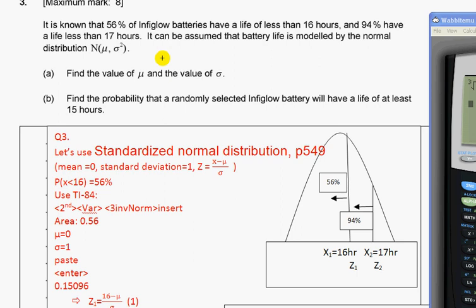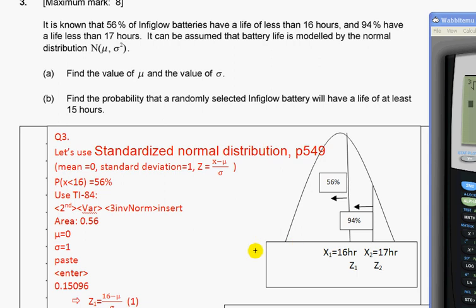So we have normal distribution, and we have values for normal distribution, but we cannot use it because we don't know the parameters. It is mean value and standard deviation. For this reason, we use standardized normal distribution.